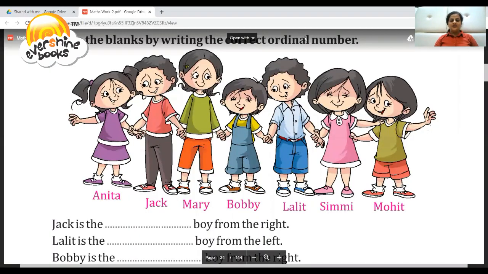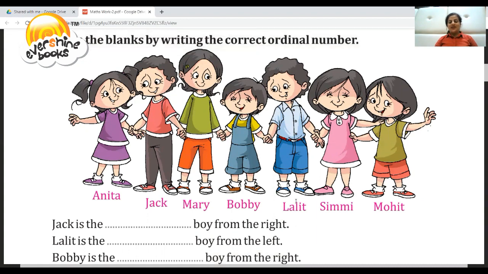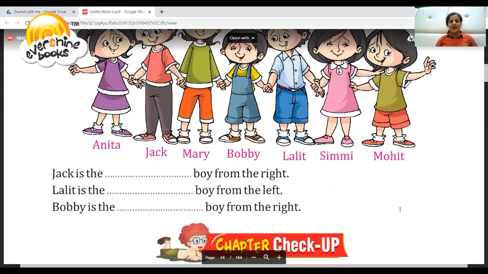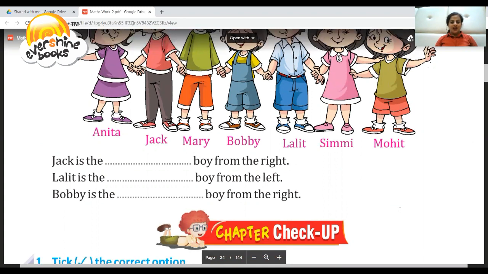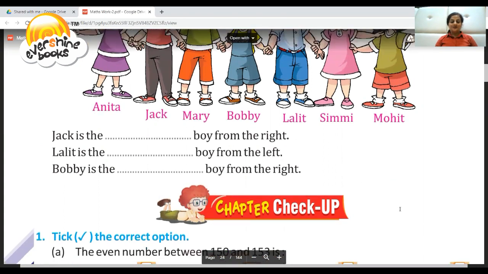So students, now we are going to do ordinal numbers. Fill in the blanks by writing correct ordinal numbers here. Anita, Jack, Mary, Bobby, Lalit, Simmi and Mohit are standing together hand in hand, and they all are friends.